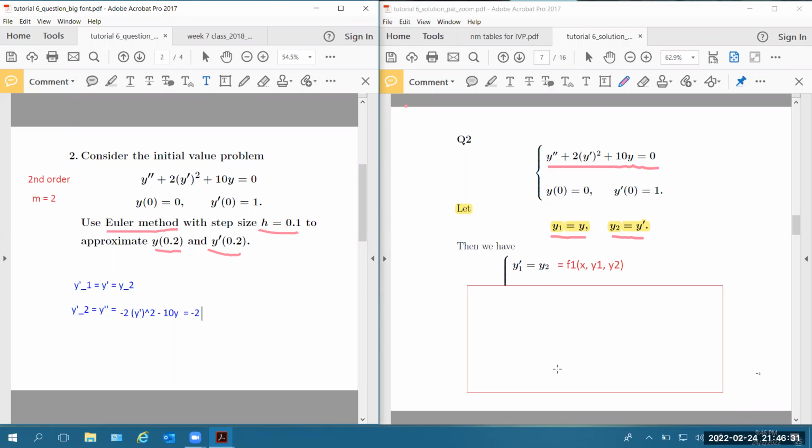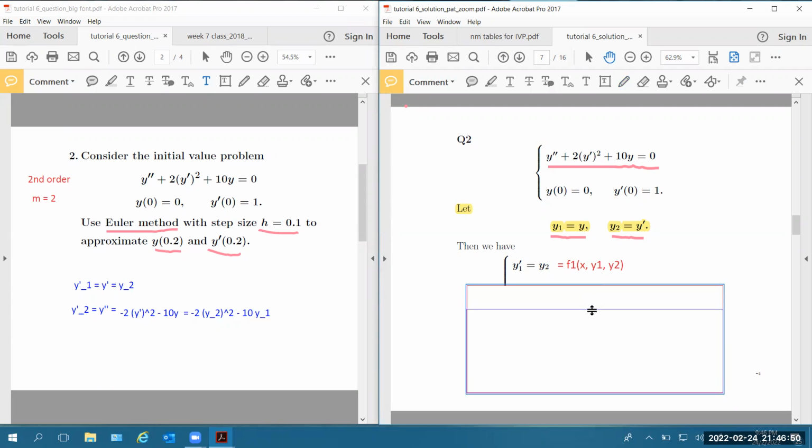The y prime is now y2, so y2 square, and the y is now y1. So eventually y2 prime is minus 2 y2 square minus 10 y1. I shall call this function 2.